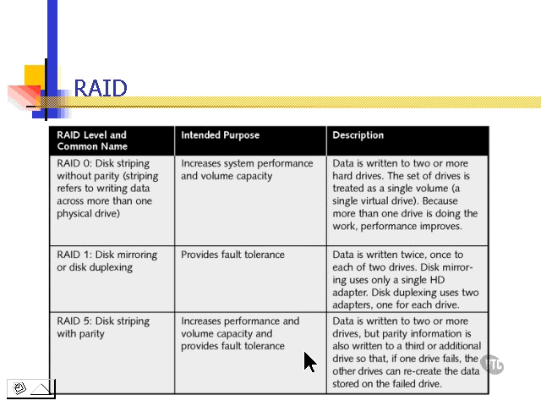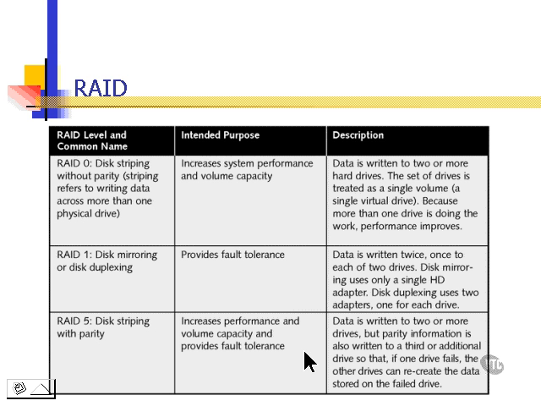RAID level 5 can have as few as 3 drives and as many as 32, but we can only lose 1 drive and maintain fault tolerance.